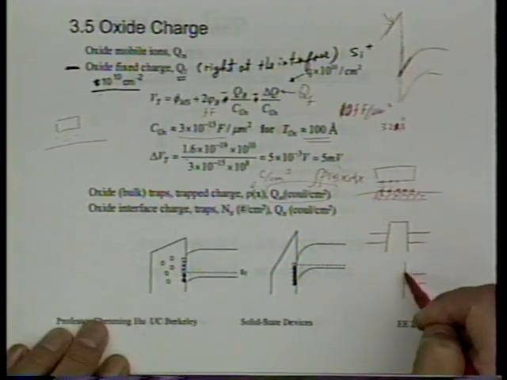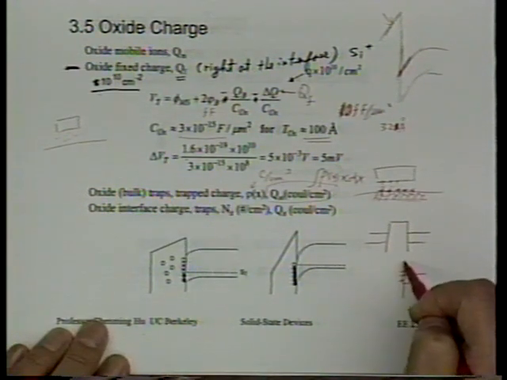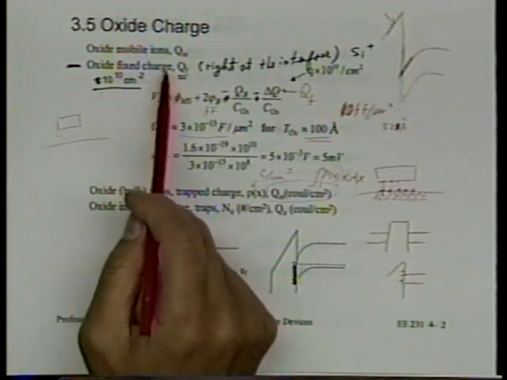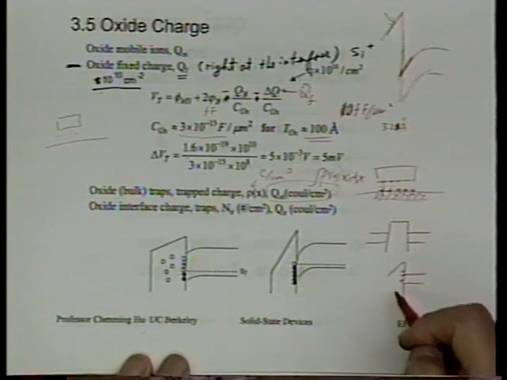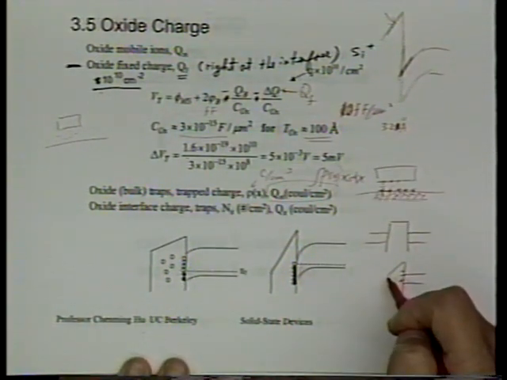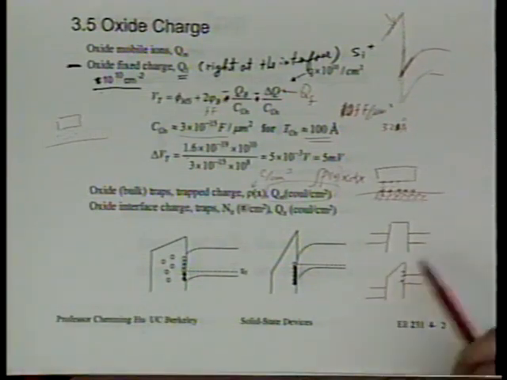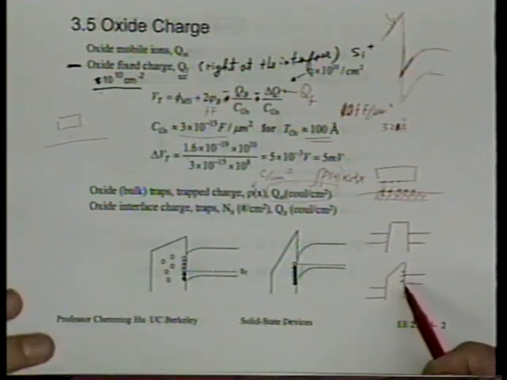Let me make it positive charge, which corresponds to our example of the oxide fixed charge. The band will come down, and as a result, the flat band voltage is different. Therefore, you created a flat band voltage if there's charge at the substrate interface.